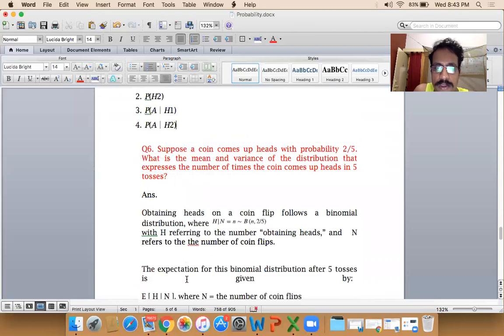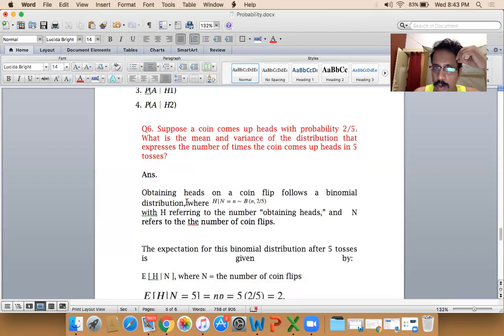Okay, now another problem. Suppose a coin is tossed and it comes up head with a probability of 2 by 5. What is the mean and variance of the distribution that is expressed as the number of times the coin comes up head in 5 tosses?